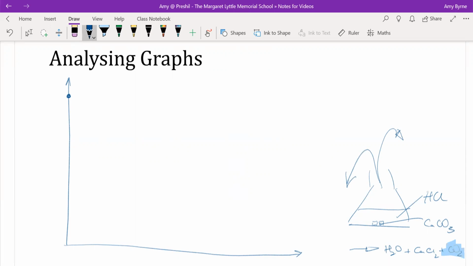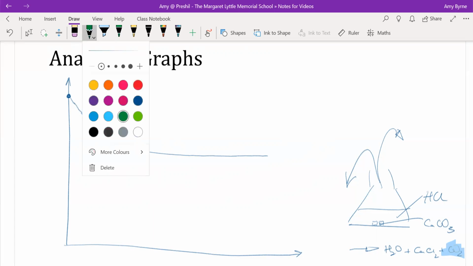Then, as this reaction occurs, it will initially lose mass quite quickly, but then as it continues to react, this reaction is consuming the HCl, which decreases the concentration of the HCl, which means it's going to react more and more slowly until I reach the end point of that reaction.